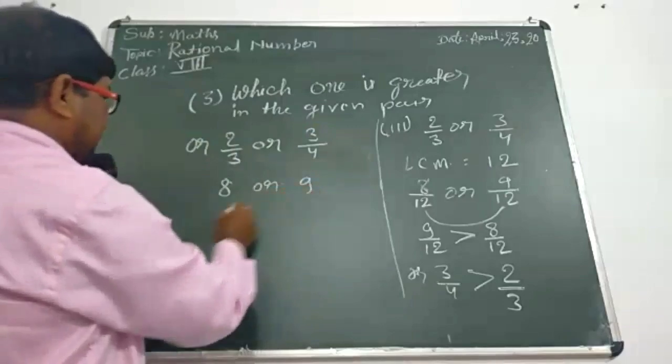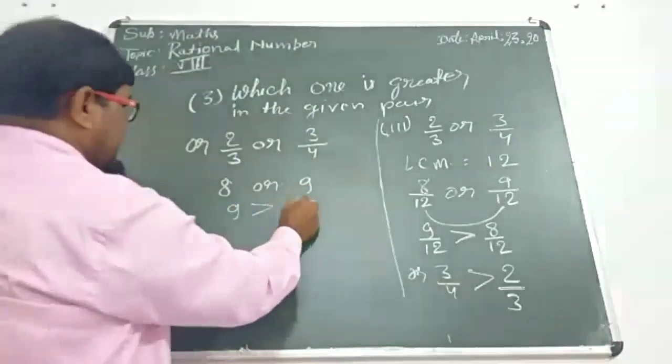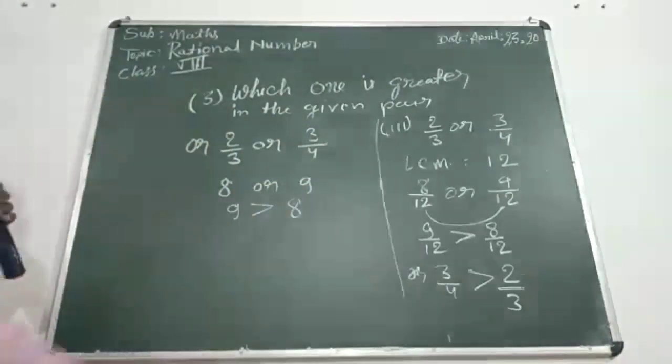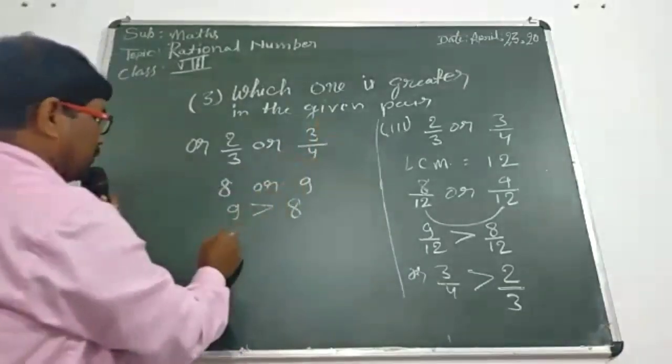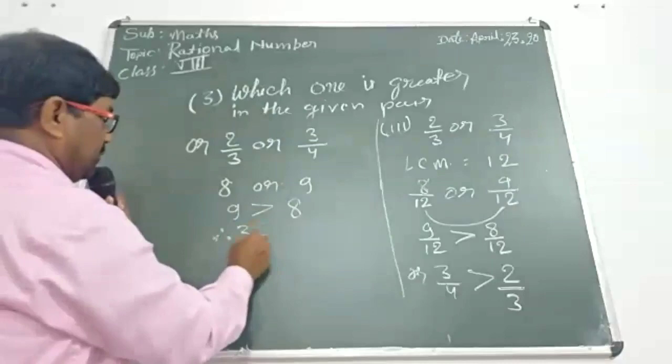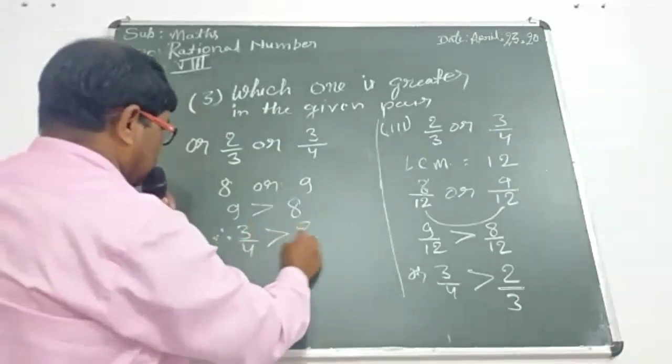Now you can say 9 is larger than 8. Here 9 is coming instead of 3 upon 4, so 3 upon 4 is larger than 2 upon 3.